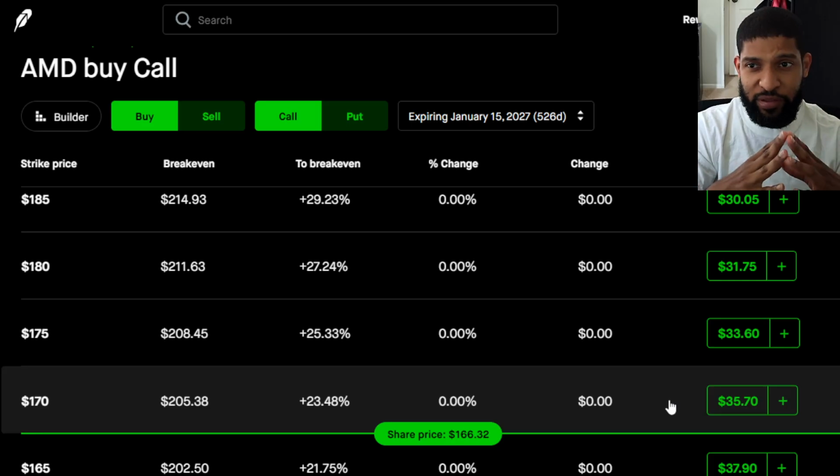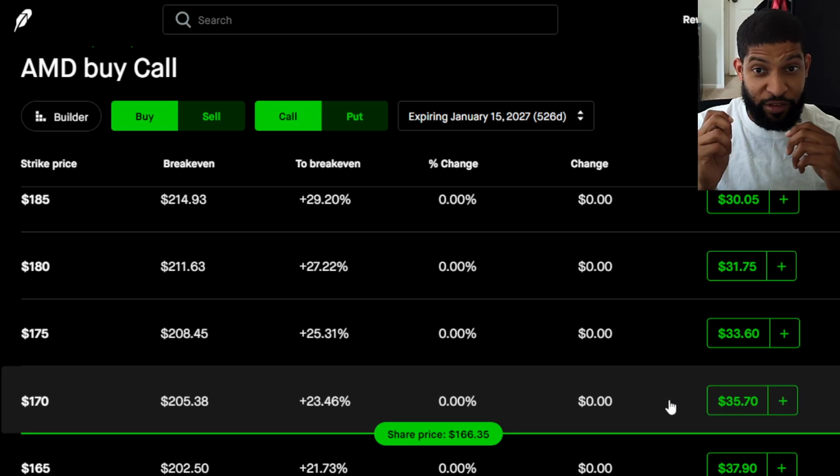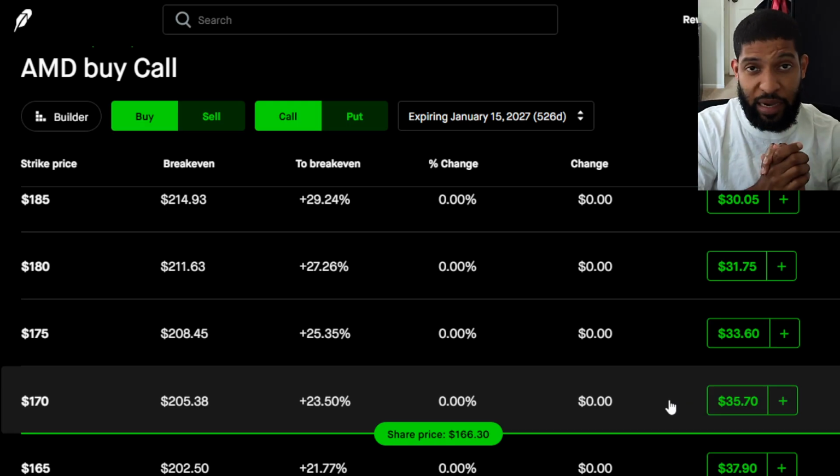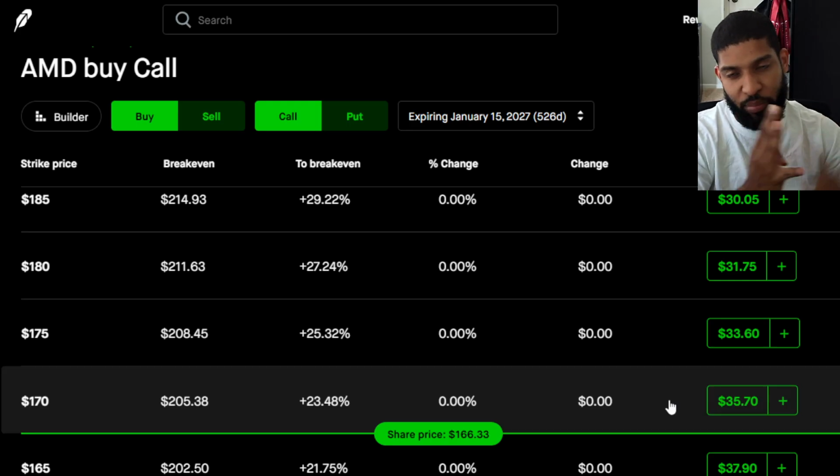Then you can learn buying puts and call options, because the same discipline that you need as a long term investor, the same discipline you're gonna need when it comes to buying calls or put options, because you still need risk management, still need to be disciplined, you still need to buy low, and also you need to understand the stock that you're buying a call or put option on.